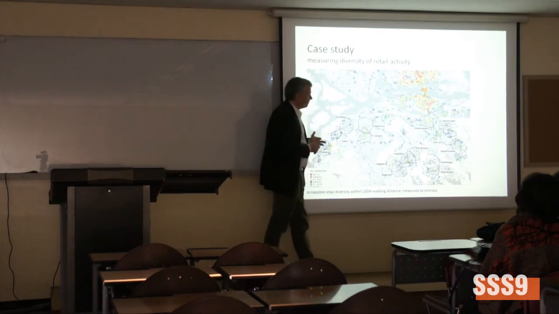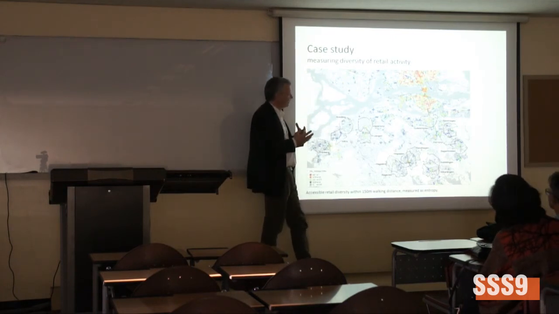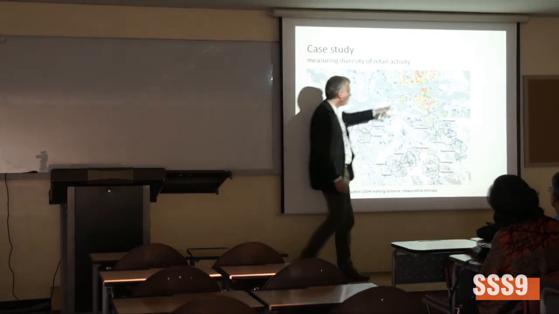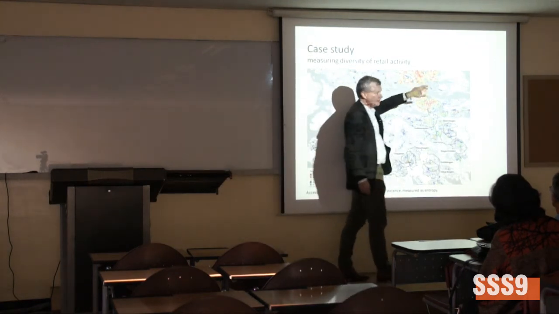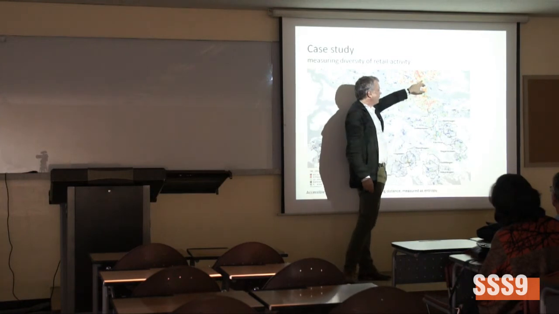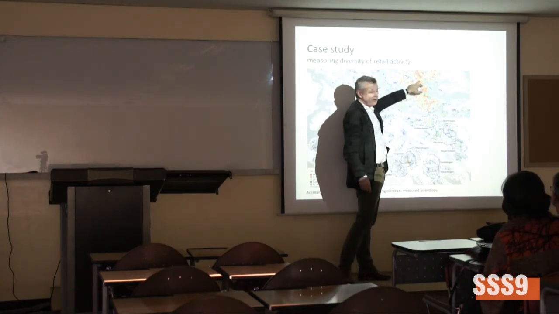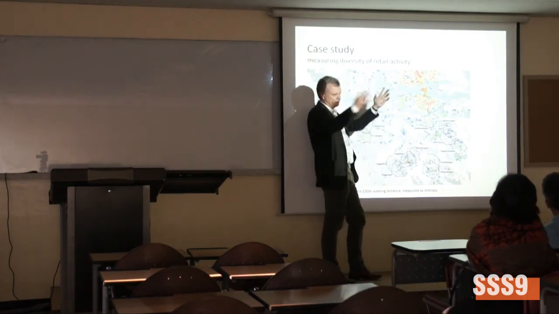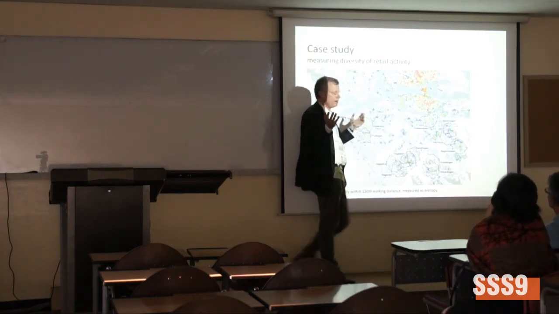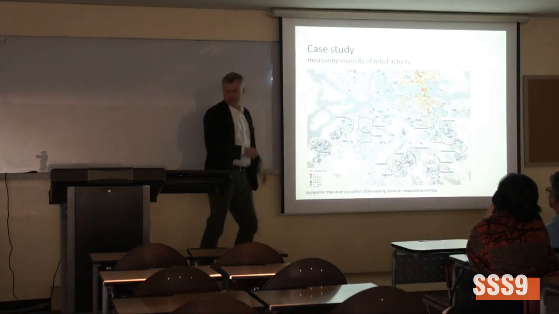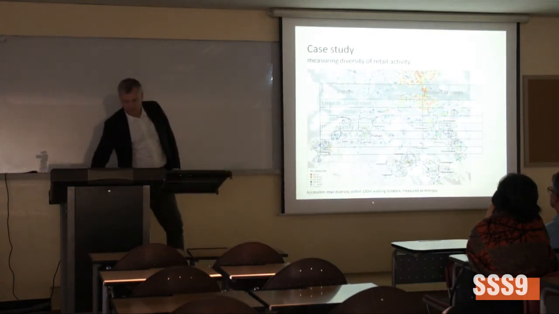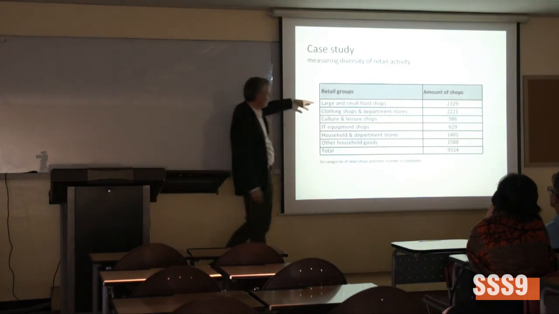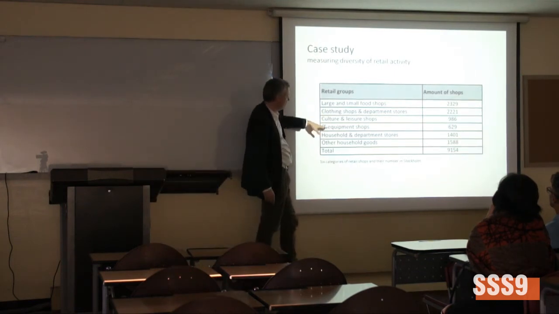I can also use this to show you the importance of what scale you're doing. This is a very local scale. Certain areas that you would expect to have high diversity, for example, are not diverse at all. The very, very center of Stockholm, which has a lot of shops, lots of retail. But you remember the categories I had, the diversity between these: large and small food shops, clothing, culture and leisure shops, IT equipment, households.